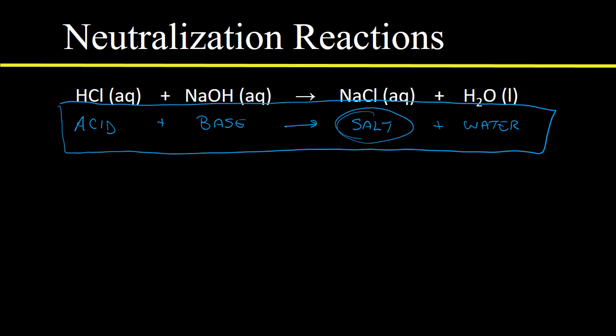So, for example, let's say instead we had nitric acid with potassium hydroxide. Then the salt would be whatever you get by grouping these cations and anions together.